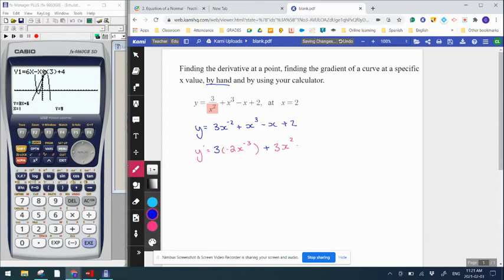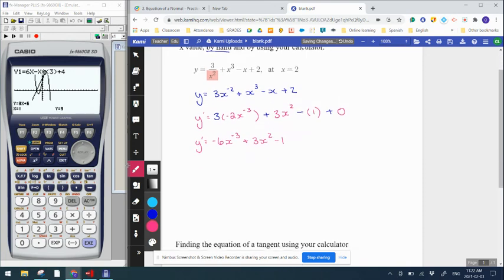Remember, the derivative of just an x is 1, and the derivative of just a constant, I'm going to write it here just to remind you, is 0. So when we simplify our derivative, we have negative 6x to the negative 3 plus 3x squared minus 1.